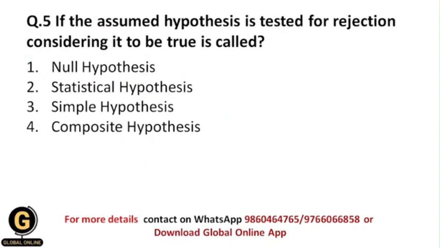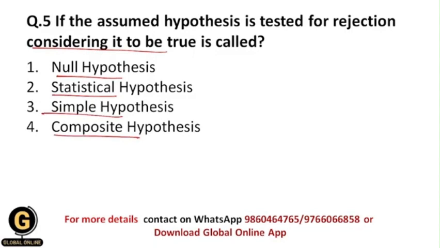If the assumed hypothesis is tested for rejection, considering it to be true, is called. So whenever the assumed hypothesis is tested for its rejection and we consider that it is true, then it is called what? Is it called null hypothesis, statistical hypothesis, simple hypothesis, or composite hypothesis?